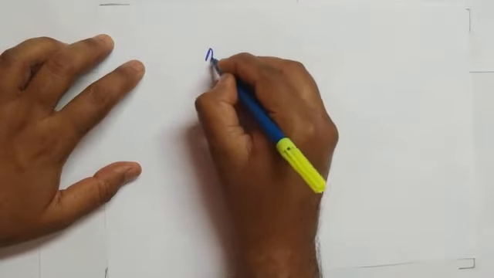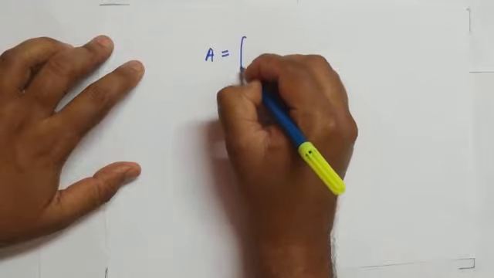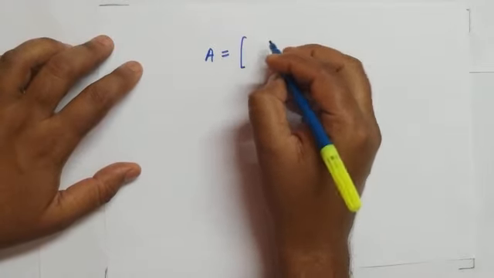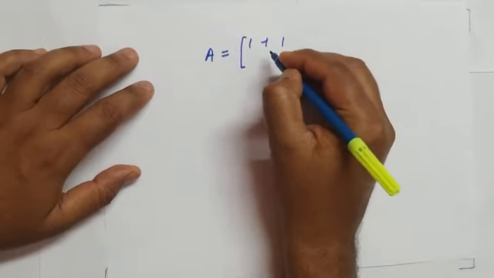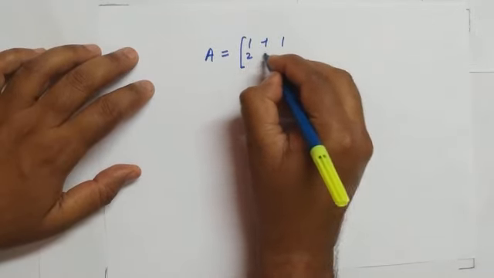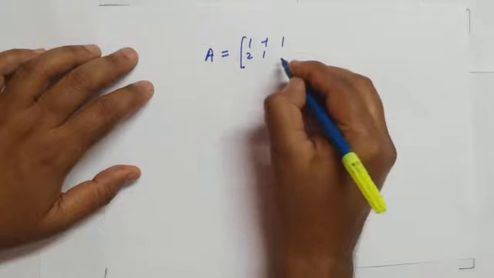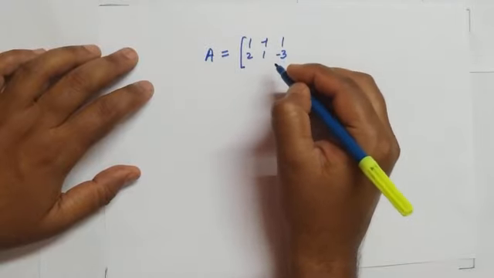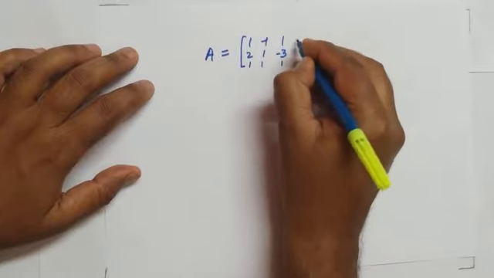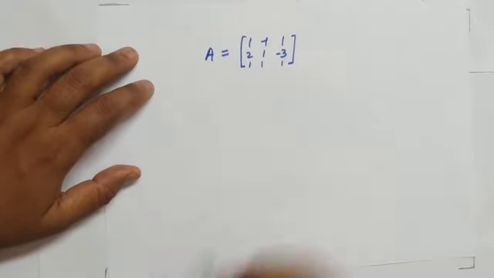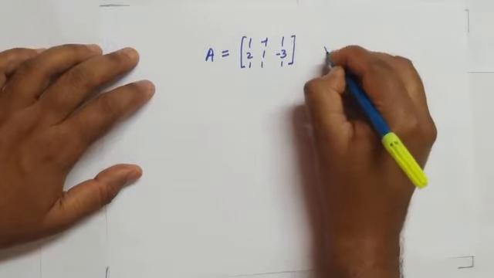We take matrix A. Now what is the matrix A in that case? Matrix A will be equal to 1, minus 1, 1, 2, 1, minus 3 and 1, 1, 1. These are actually the coefficients of the variables x, y and z. And what will be X?